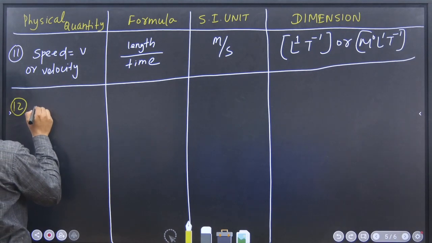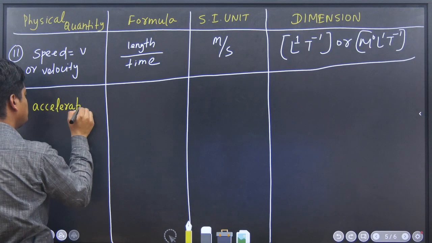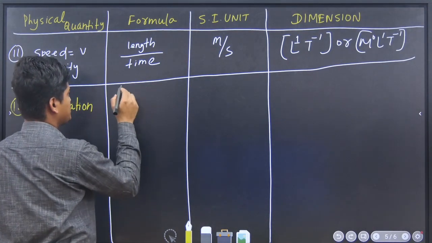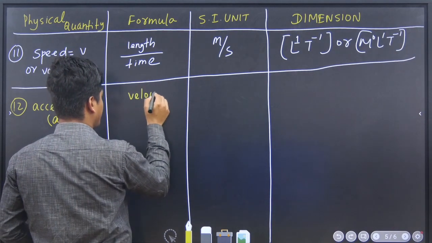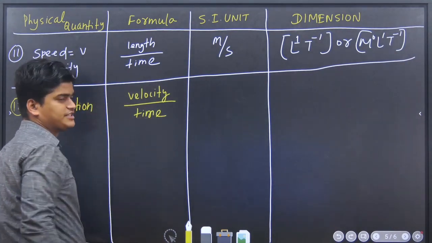Now we will write here acceleration. Acceleration, A. So what is this? This is nothing but velocity by time, or basically change in velocity by change in time.